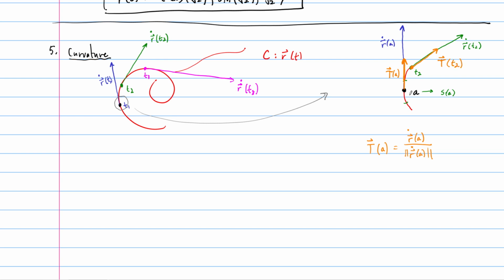And now as these vectors move along the curve, once we've turned this into the tangent vector field T, the only thing that's going to change is the direction of these vectors, okay? And the curvature is defined to be the magnitude of this rate of change. So I'm just going to write down the definition now, and then we can do an example and go from there. So here's our definition. The curvature of a space curve.